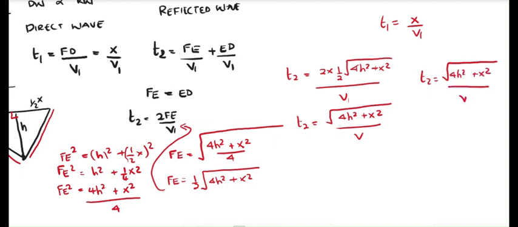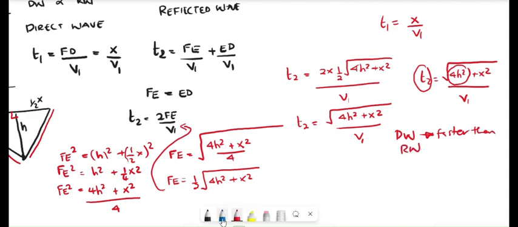So you could see that this time has been increased by a certain parameter of 4h squared. So it means that if you compare the two, the direct wave is going to reach the geophone faster than the reflected wave.